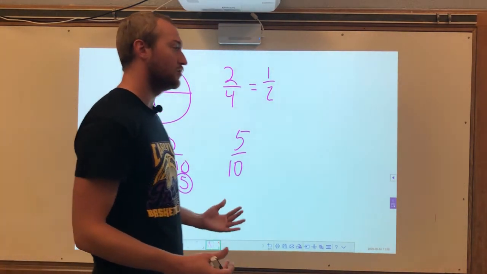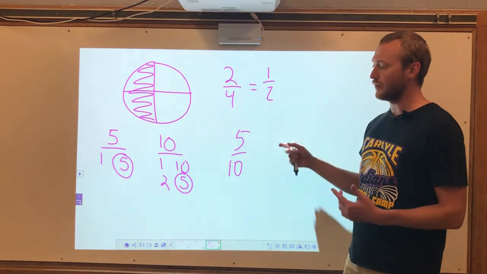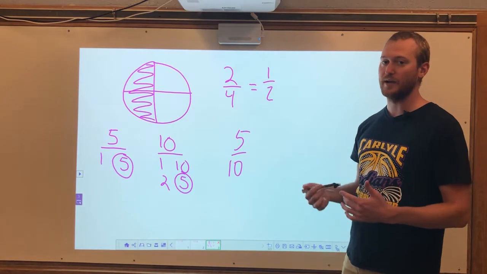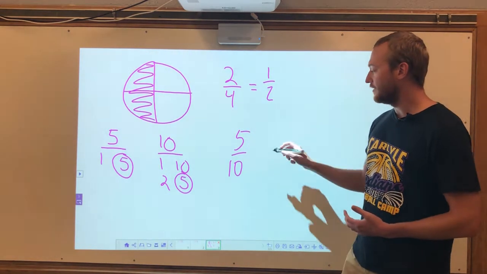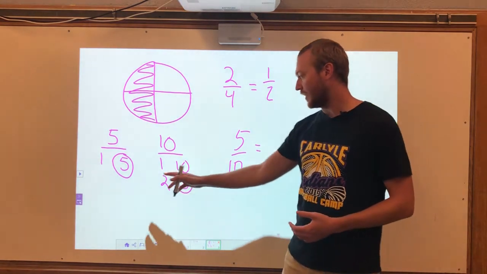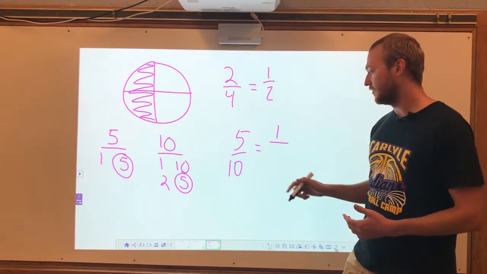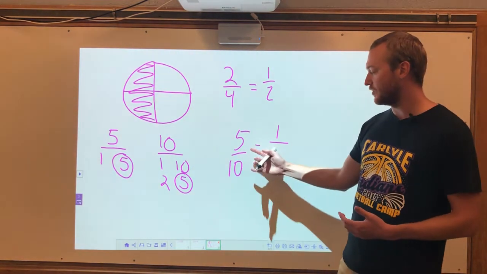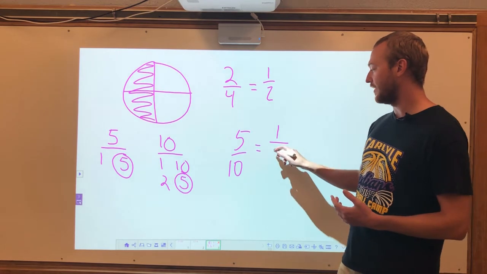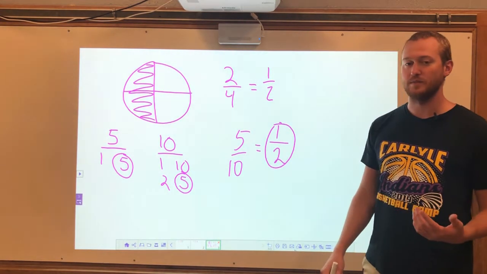So what we're going to do to simplify this fraction is divide both the numerator and the denominator by the greatest common factor. If I divide 5 by 5, that's going to give me 1. If I divide 10 by 5, again the greatest common factor between these two numbers, 10 divided by 5 is 2. 5 over 10 simplifies down to 1/2.